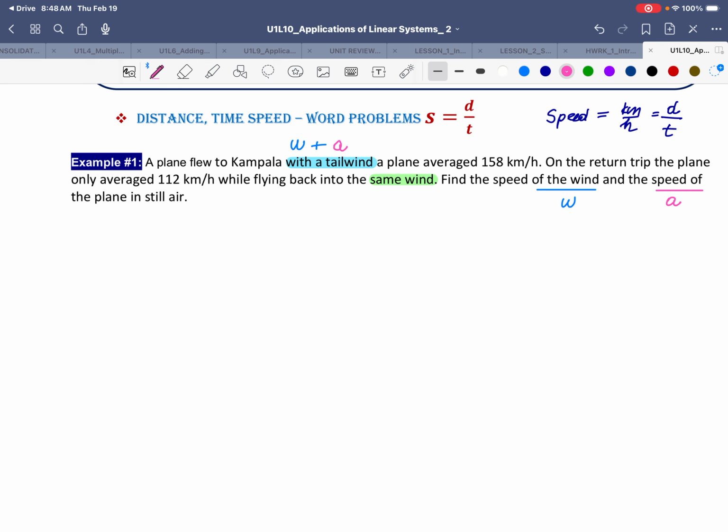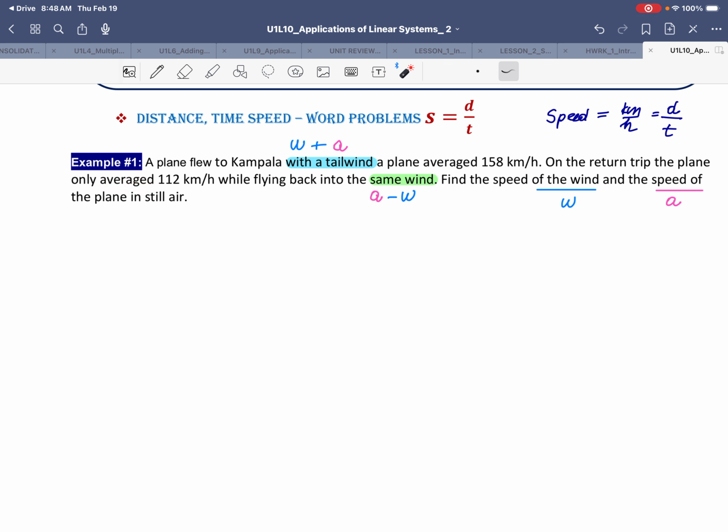So we're going to say that in our case here, the airplane speed will be decreased by the speed of the wind. And the average speed here was 112 kilometers an hour, and the word average in here is used in the context of the overall, so you can actually use the word overall in general.